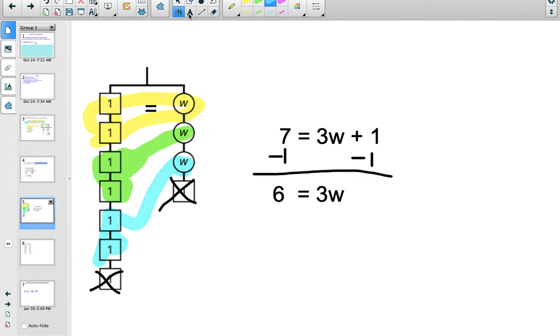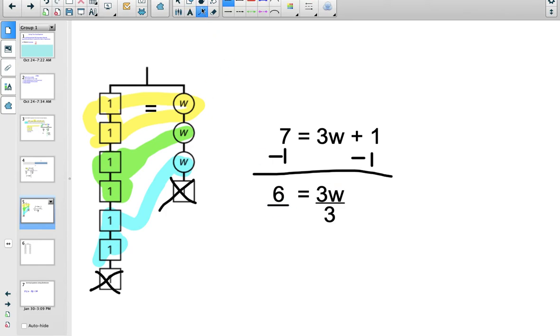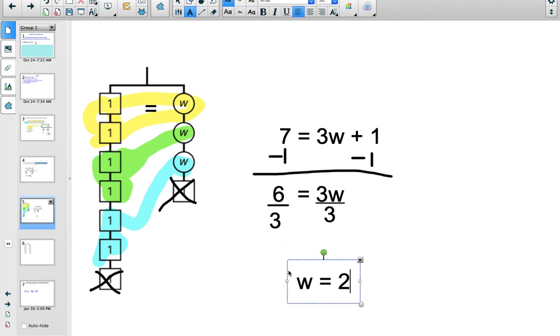Well, what did I do? I divided it out. So that's why to undo multiply, I'm saying divide by 3. Ooh. Divide by 3 on both sides. So I get W equals 2. And that's what it should be.